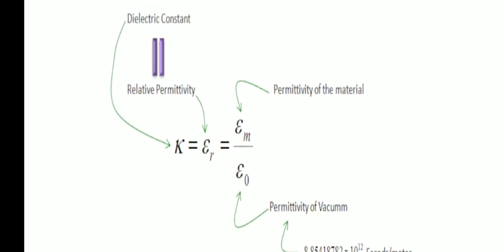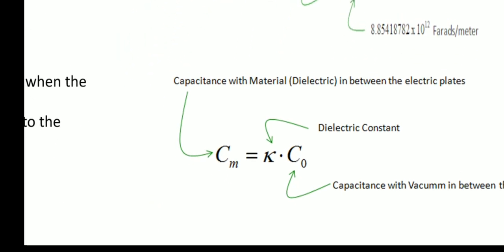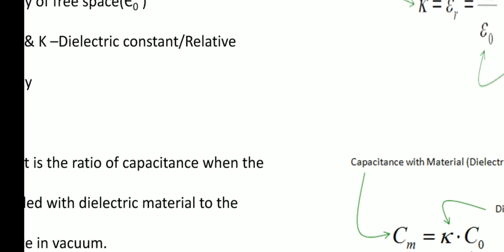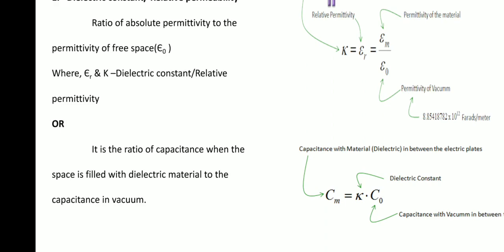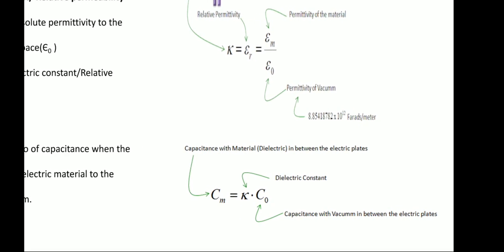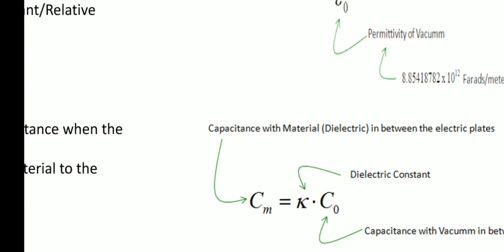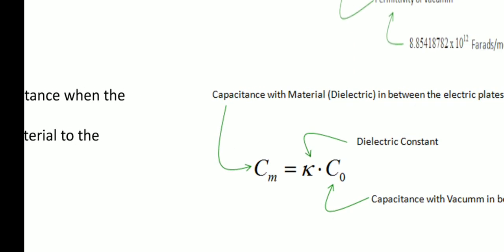So simply, the dielectric constant is the ratio of the permittivity of the material to the permittivity of free space. Understood? Another definition is in the form of capacitance: it is the ratio of capacitance when the space is filled with the dielectric material to the capacitance in vacuum. At the right side we can see the formula Cm is equal to K into C naught.